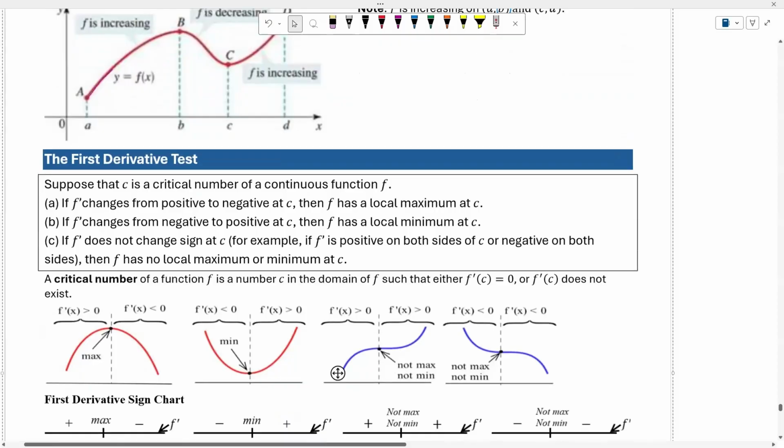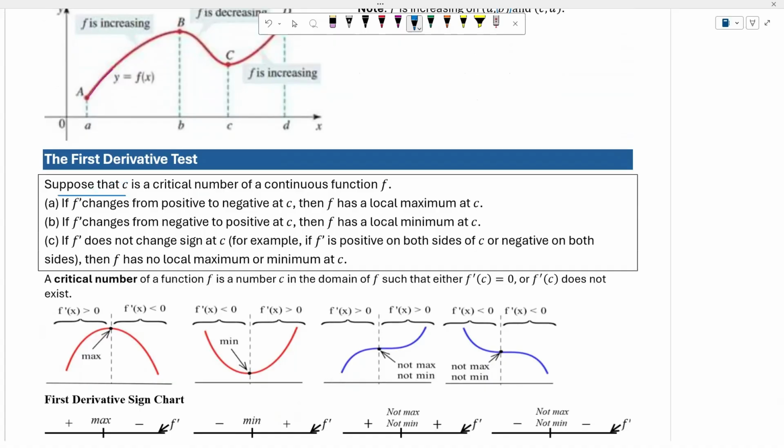And now, let us talk about the first derivative test. It says that, suppose that c is a critical number of a continuous function f. So let's talk about what a critical number is.